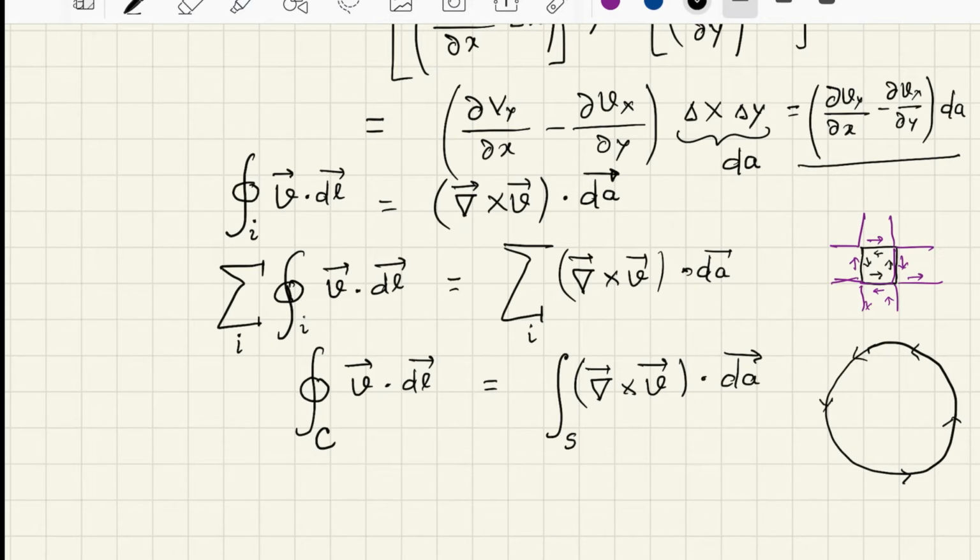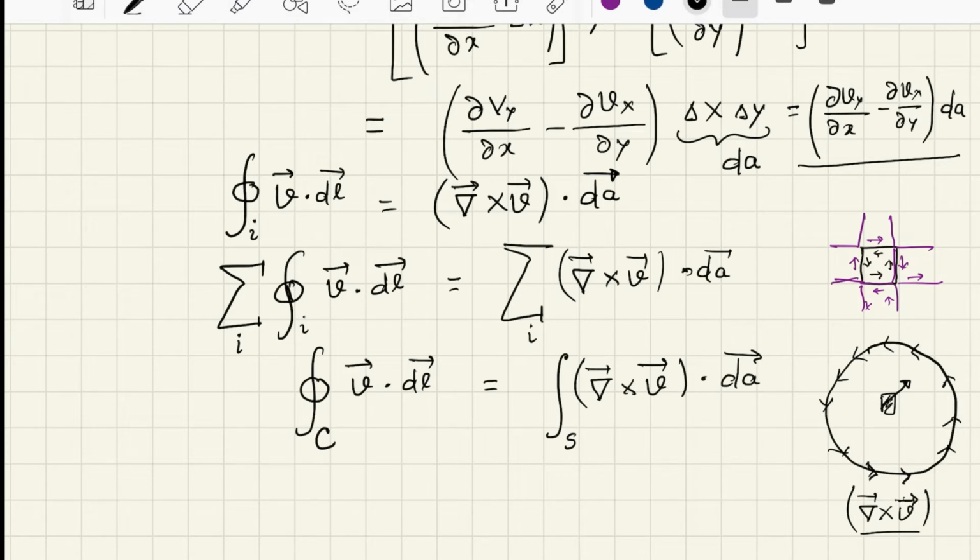So what we obtain is that if I know at each little piece del cross V, and I know in which direction this area is, then I can find out in some sense the flux of the curl everywhere. And that is the same as if I take the line integral around the border, as a fundamental theorem. And there are corollaries which I'll now discuss.